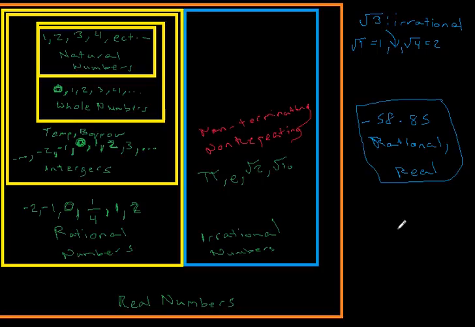And let's take a look at one more here. The square root of 9 over 3. Well, the square root of 9 equals 3, so that's 3 over 3, and 3 over 3 equals 1. So I know that I'm dealing with at least a natural number, and I could deal with a whole number. One's a whole number, one's an integer, 1 over 1, or 3 over 3.